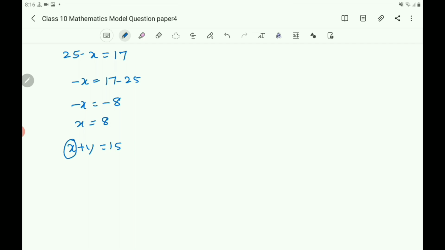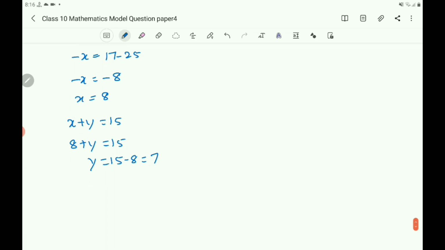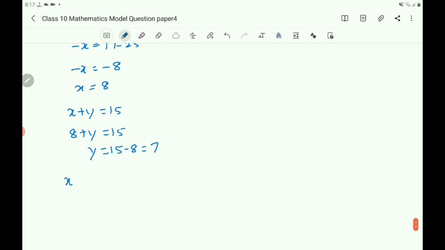Then put the value of x. What is that? 8. 8 plus y is equal to 15. Then y is equal to 15 minus 8, that is equal to 7. So you got the values: x equals 8 and y equals 7. You got the values of x and y.